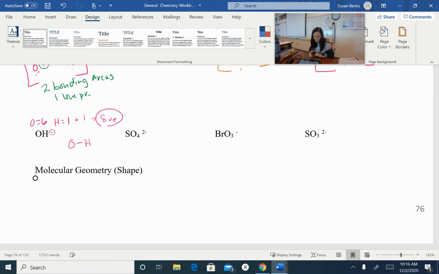The oxygen is going to need 3 more lone pairs. And so the oxygen is satisfied, the hydrogen is satisfied because it can only do 2, and I have used all 8 of my electrons. So there's my hydroxide.